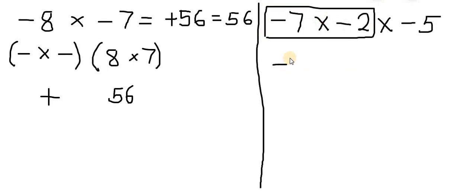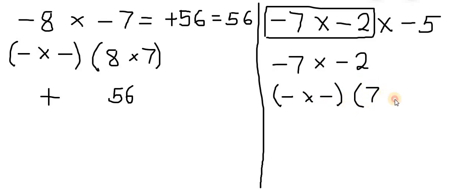So we'll do minus 7 times minus 2. Okay? That'll be minus times minus first. And then the numbers, 7 times 2. Minus times minus. That gives you a plus. 7 times 2. That gives you a 14.